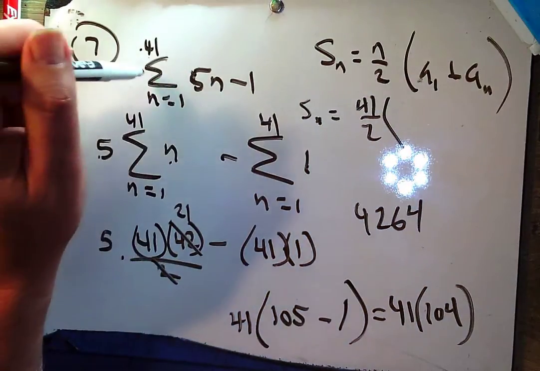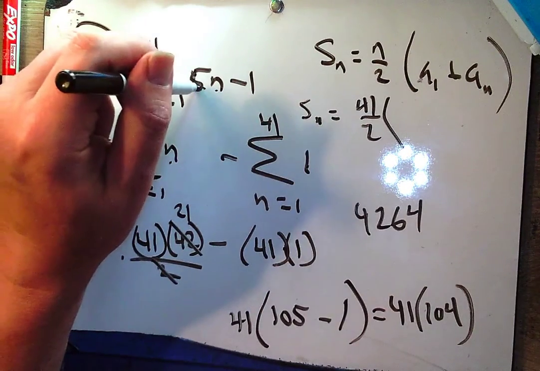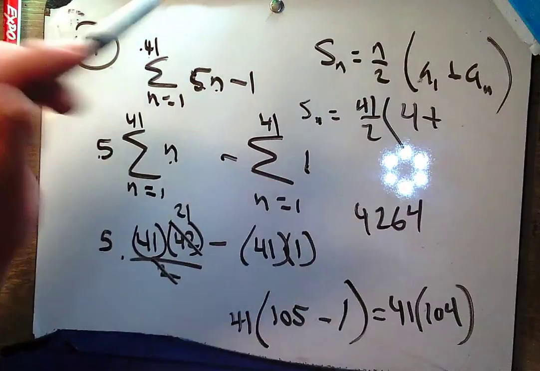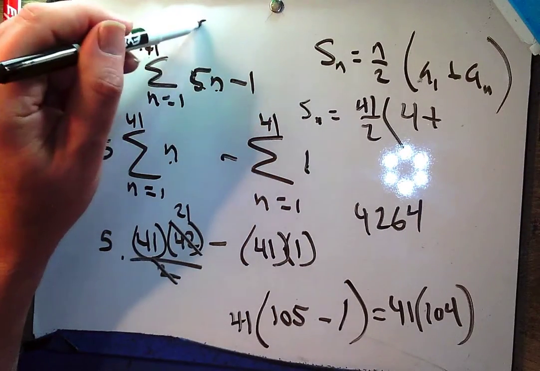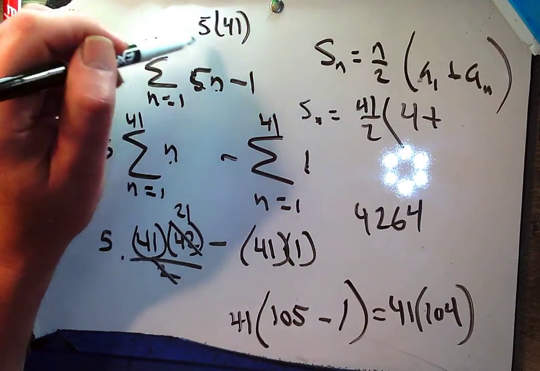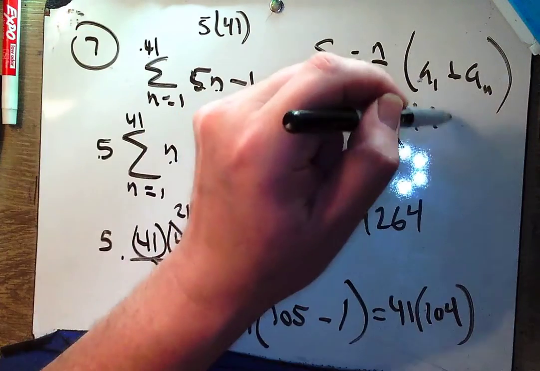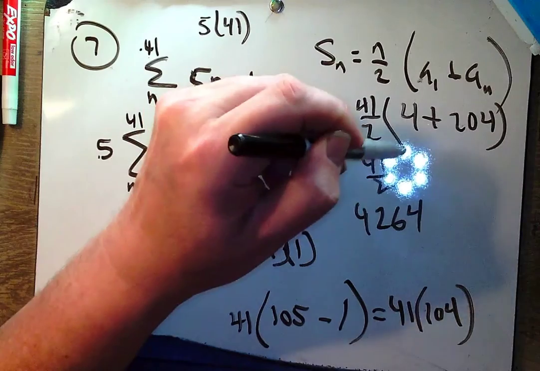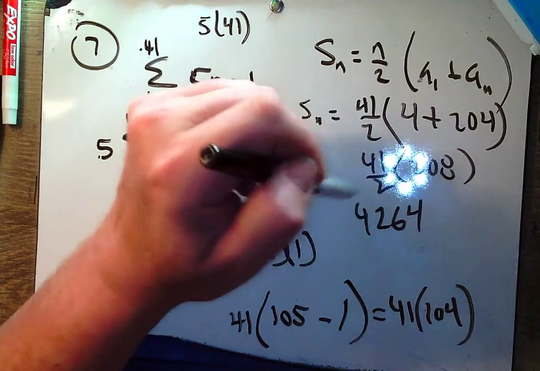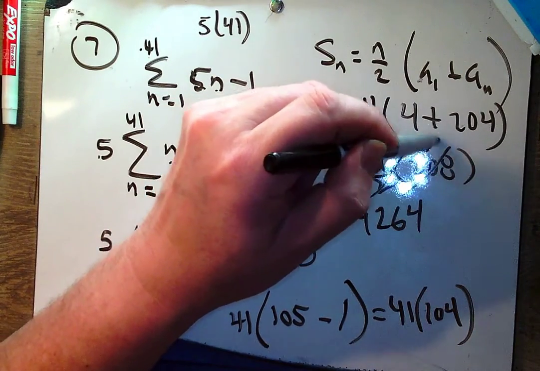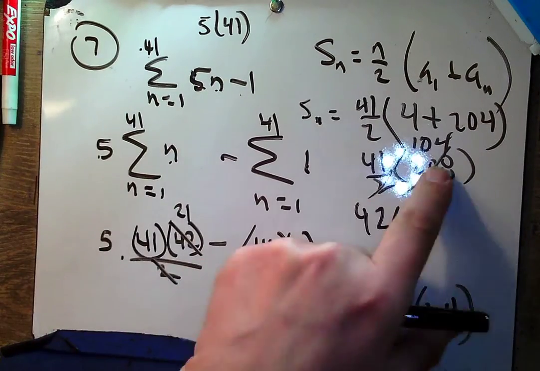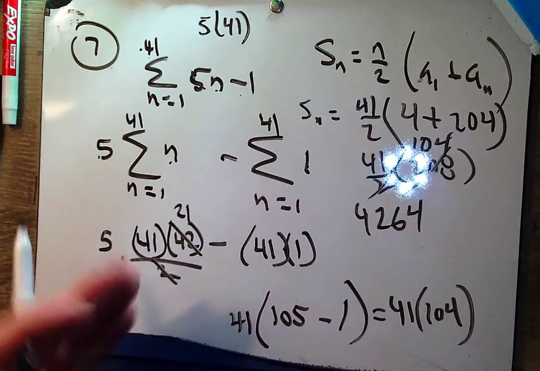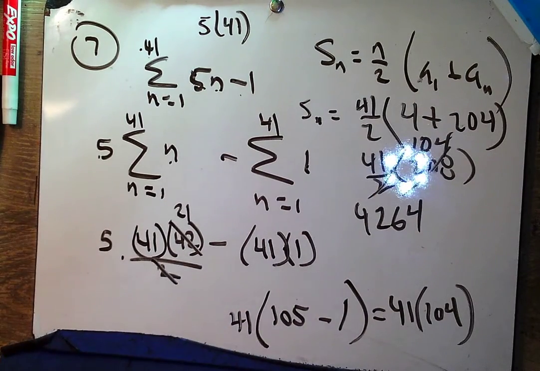A sub 1: if I plug a 1 in there, 5 minus 1 is 4. And if I plug a 41 in there, 5 times 41 is 205, minus 1 is 204. So it's going to be 41 over 2 times 208. I guess that can reduce to 104. Hey, look, 41 times 104 again. Yep, so we can use our arithmetic sum, or we could use our sigma shortcuts.